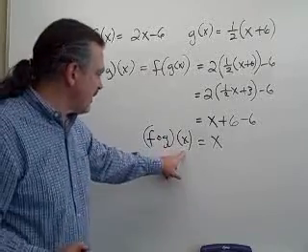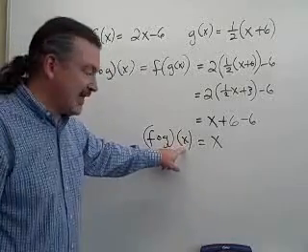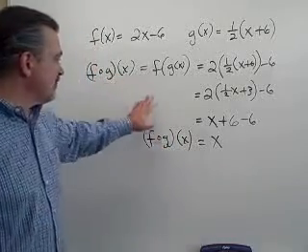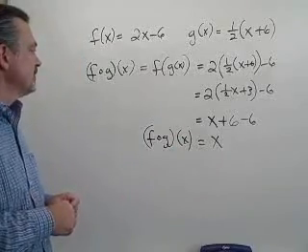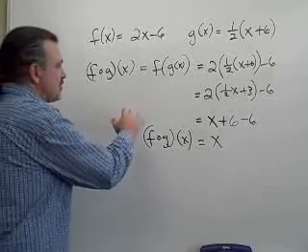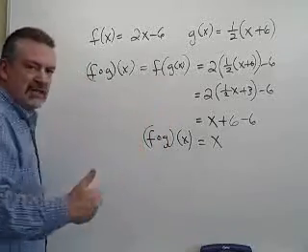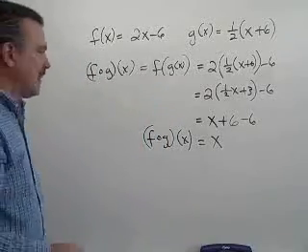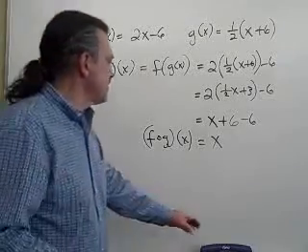If I put in 1 for x, the function's value is 1. If I put in -2 for x, the value of this composition function would be -2, whatever you put in for x. It's almost like the one function, f, undid the other function, g. And in actuality, that's what happened. Let's try it the other way.